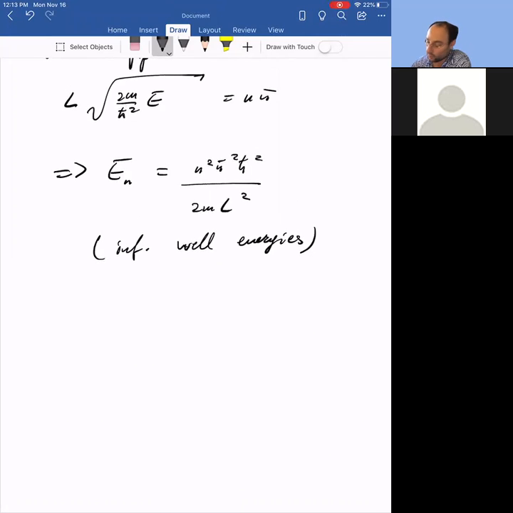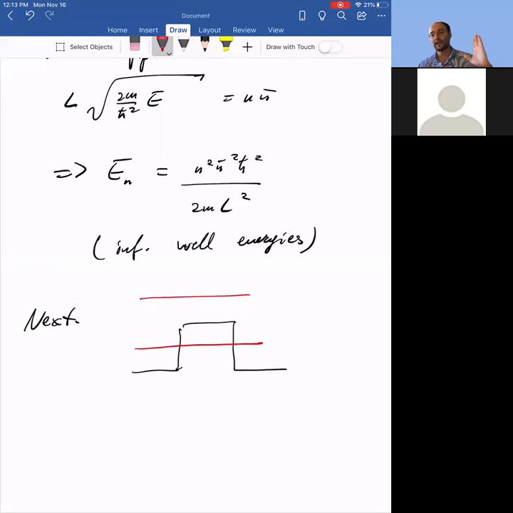Next, what I would like to look at is this situation. Now, you can look at a variation of what we did today like this. Classically, this means the particle moves fast, then slow, then fast. But we will look especially at this situation where classically the particle comes and reflects.